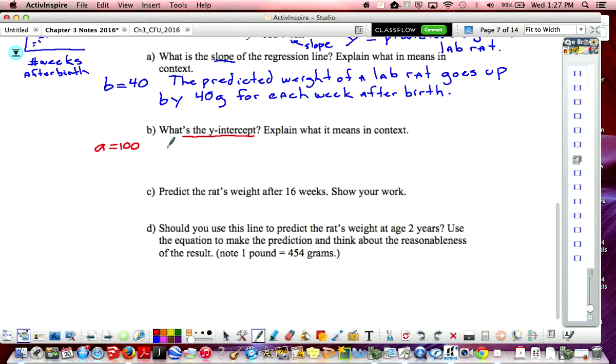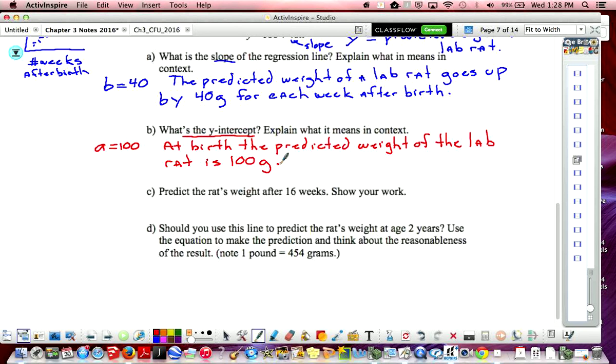So at birth, the predicted weight of the lab rat is 100 grams. Now notice how I'm saying predicted weight. It's not the actual or the observed value. It is the predicted.